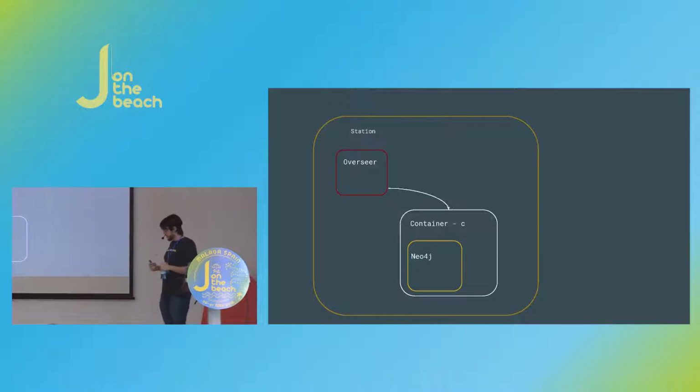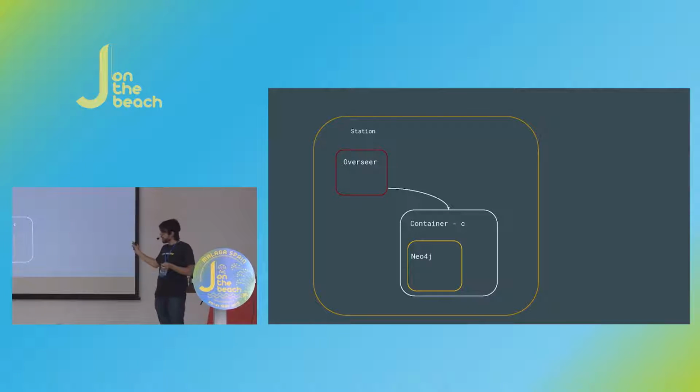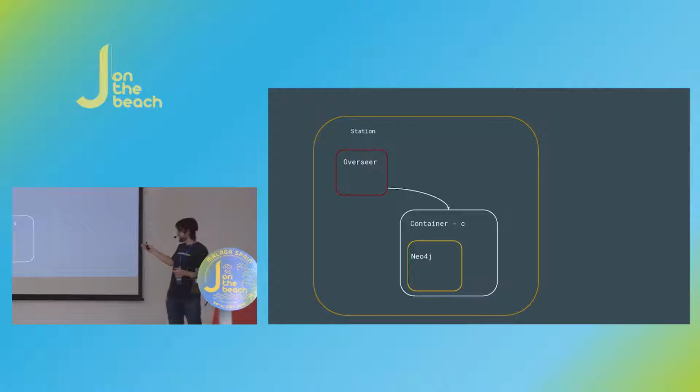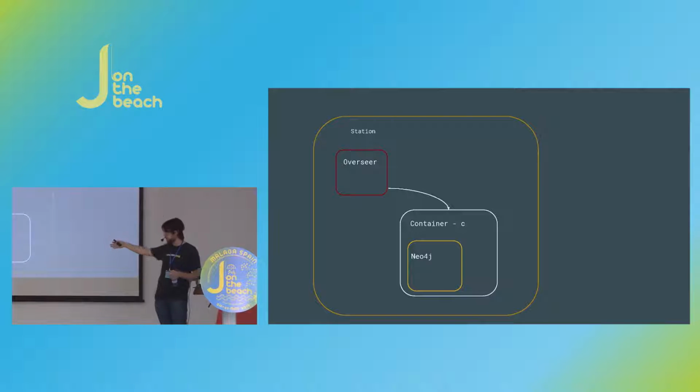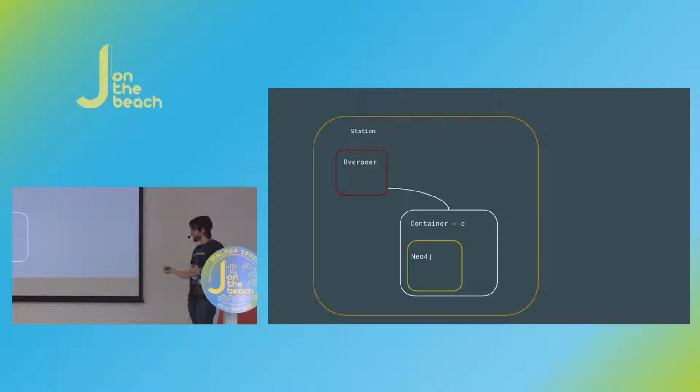Okay, so as I said before, every station, every instance has an agent running that is an overseer, that is a Java process, and we have our own containers on that time. And probably you are asking yourself, okay, why aren't you using Docker? Yeah, you have to think that we started in 2012, and I don't think Docker was a thing in 2012.